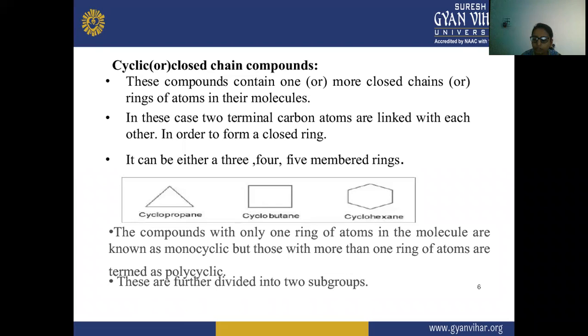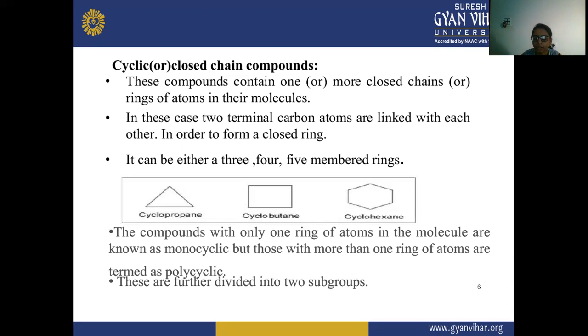Examples are cyclopropane, cyclobutane, and cyclohexane. Cyclopropane is a cyclic compound and it is a three-membered ring. In this, the three carbons are linked with each other, and they form a closed chain.